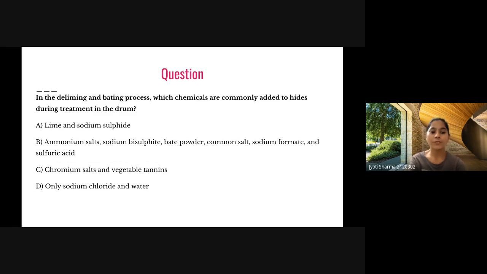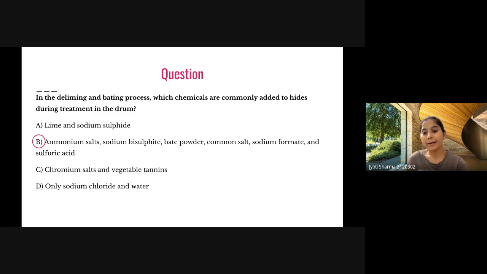We have four options: lime and sodium sulfide; ammonium salt, sodium bisulfite, bate powder, common salt, sodium formate, and sulfuric acid; chromium salt and vegetable tanning; only sodium chloride and water. So let me see. I got C answer and B answer and B. Okay, so the answer will be B.